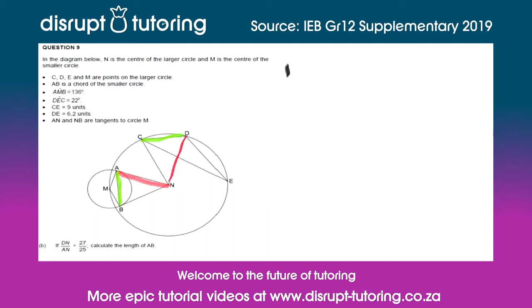So we can conclude that DN over AN should equal CD over AB. And your reason here can be that triangle ABN is similar to triangle CDN.